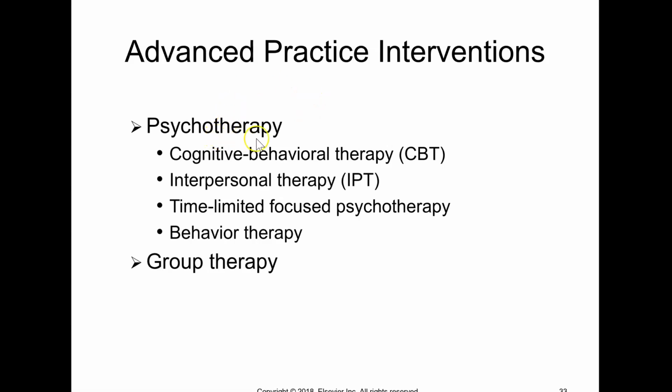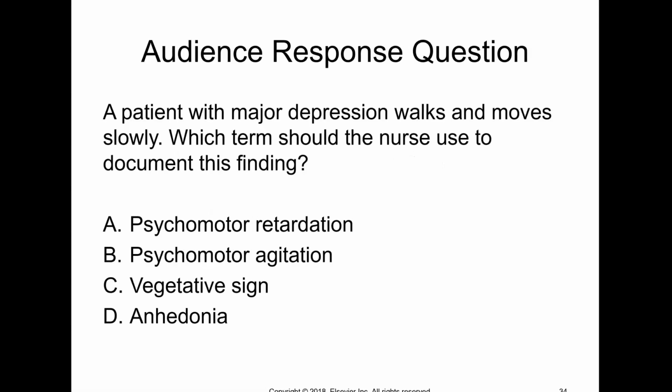So if you see the word therapy, cognitive behavioral therapy, interpersonal therapy, time-limited focus therapy, group therapy, behavior therapy, dialectical behavioral therapy, we can work with patients on their skills that they've been taught, but we do not do the therapy itself. That is very important to note, okay? The other thing is, psychiatric nurse practitioners, or psych NPs, are going to be the ones that are also prescribing. They have prescriptive abilities. They're able to prescribe these medications.